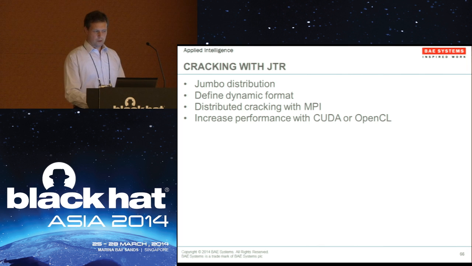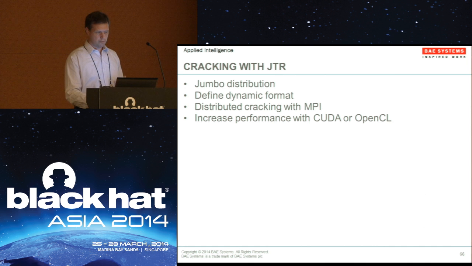So you can, for example, use John the Ripper. John the Ripper has great support for dynamic formats. I recommend getting the Jumbo distribution. It comes with all the good user-supplied patches. It supports distributed cracking over MPI, so you can fire up as many instances as you want, or you could just use Elastic because John the Ripper doesn't require GPU.